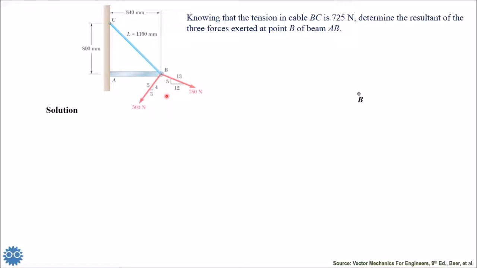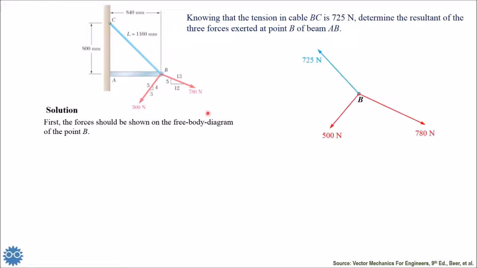In this case, and in the case of any other number of forces, for example 4 given forces or 5 given forces, we cannot construct the triangle of forces, but we can use the method of analyzing the forces into components. So first we should draw the forces on the free body diagram of the point B.